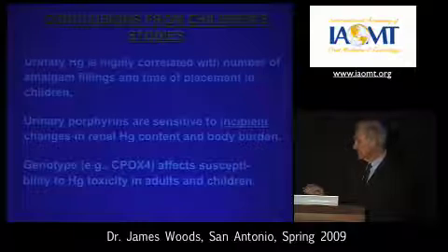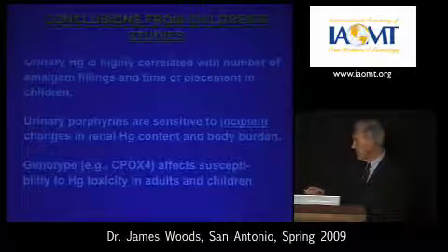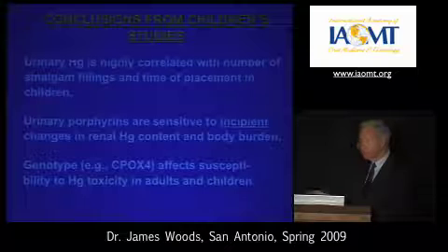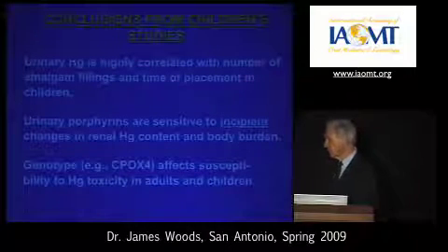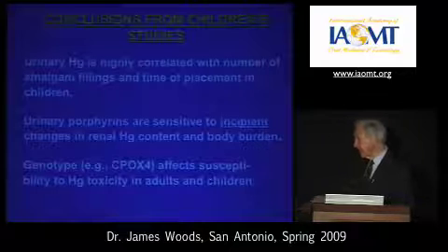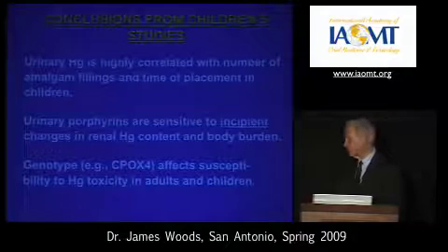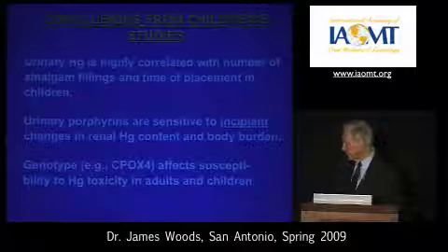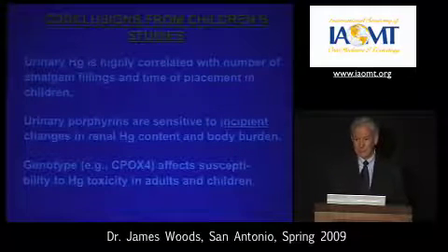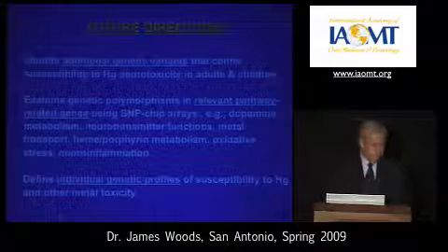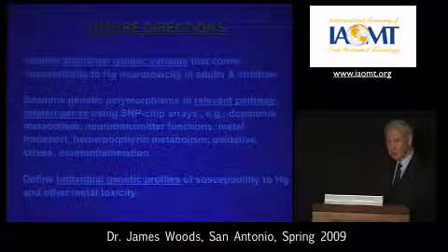We were surprised to see an incipient effect here, where the urinary porphyrins are sensitive to these incipient changes in the renal mercury content. And then finally, of course, we must conclude that genotype affects susceptibility to mercury toxicity in children, as we had seen in animals, or rather, in adults.